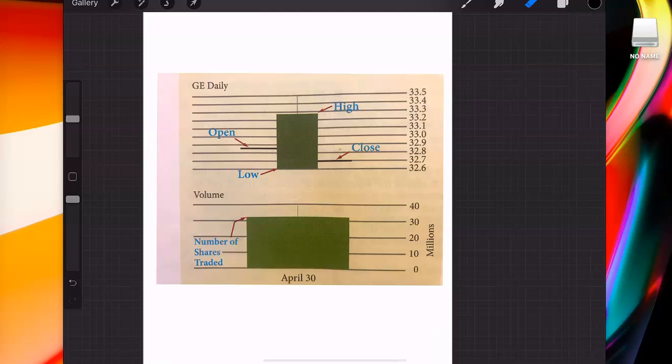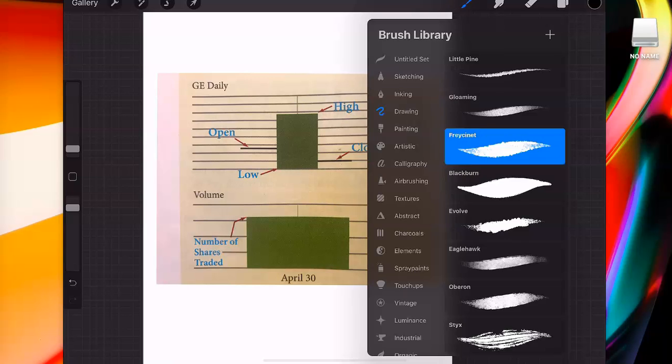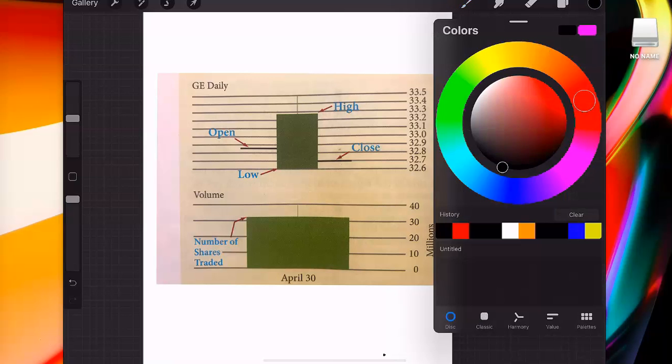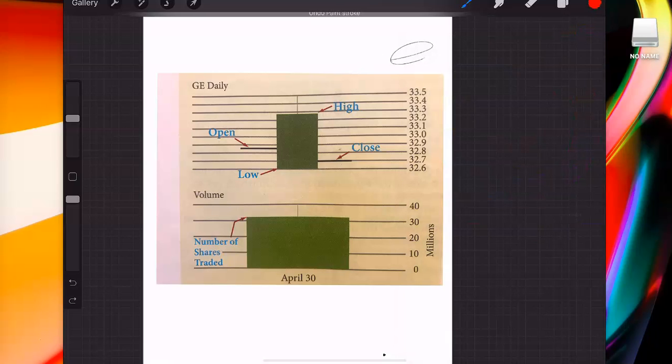This is just an example of a particular stock, showing the stock's open, close, high, low, as well as the number of shares traded that day. So if we look at this open value, there we go.